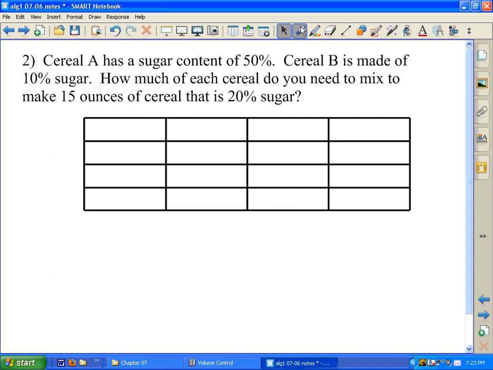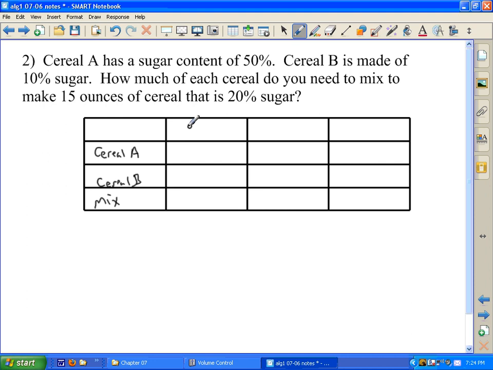So what we're looking at are two different cereals, cereal A and cereal B. And we want to mix them together to make our new cereal that is 20% sugar, and we want 15 ounces of it. So generally what we look at is we have percentages for each of these.